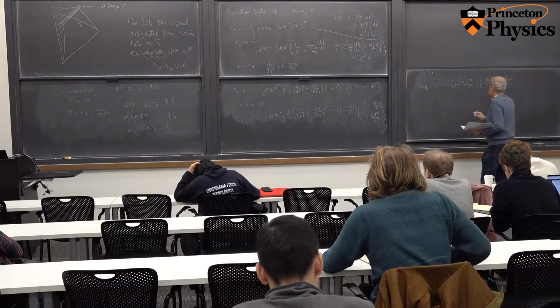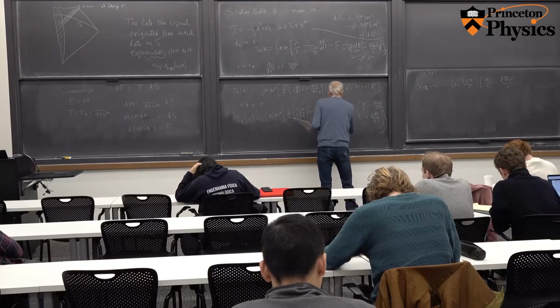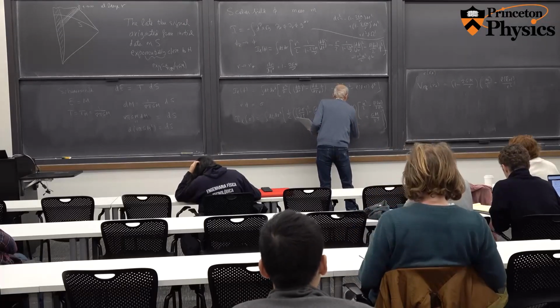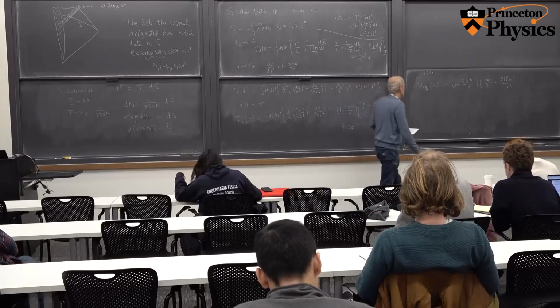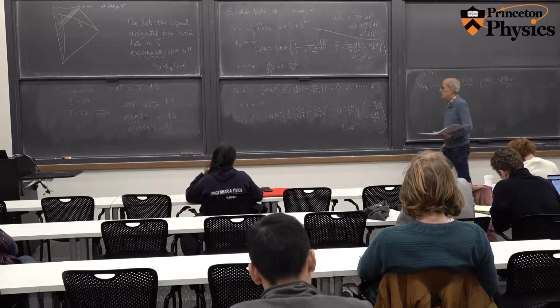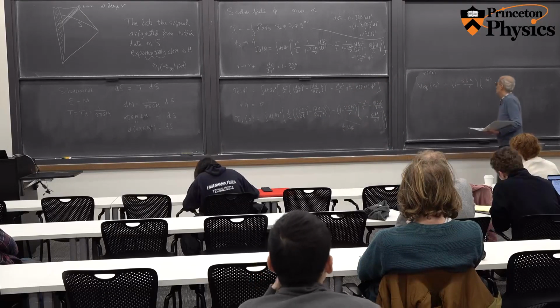Sorry. We should write this thing here as 1/2 times the effective potential, because there's a 1/2 in the kinetic energy. So the potential term should have 1/2.